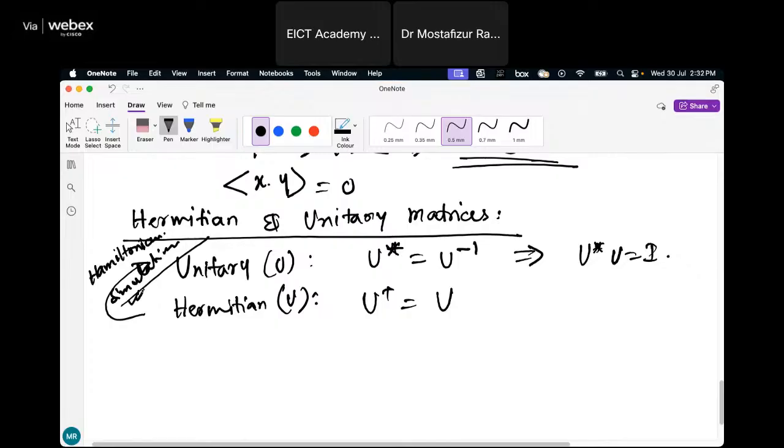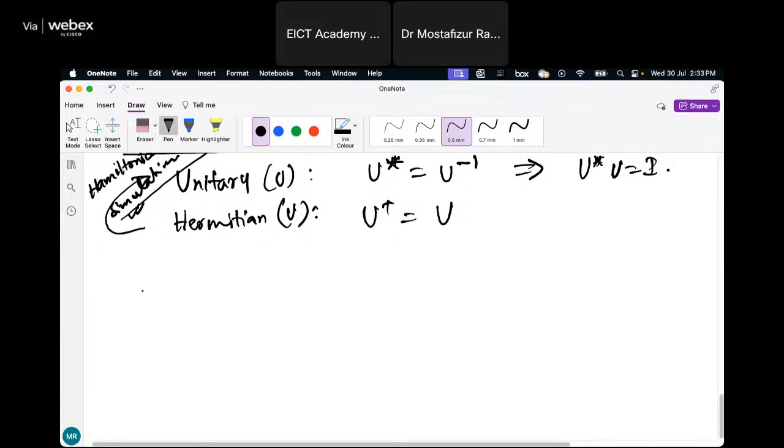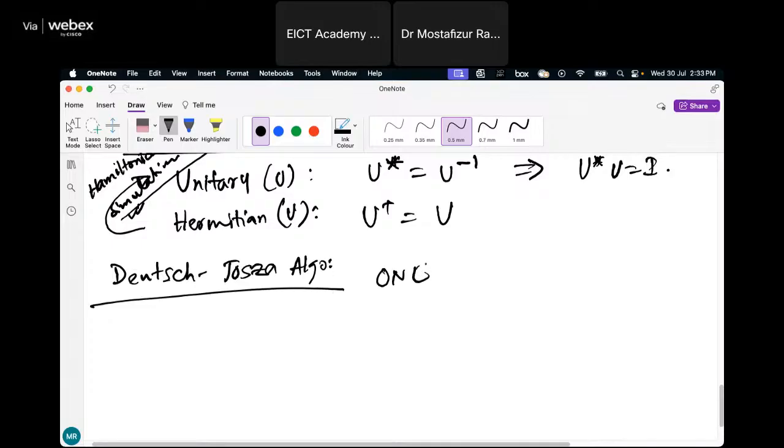So this is all about the basics. I believe that you have already been taught some basic algorithms like the Deutsch algorithm and the Deutsch-Jozsa algorithm, where you have seen that in one shot you can tell whether a function is constant or balanced.